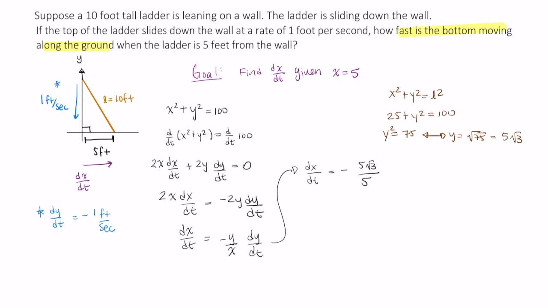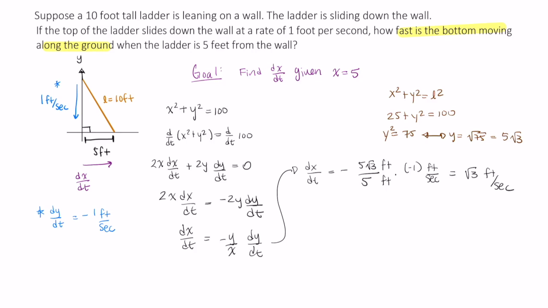And now finally, I need dy over dt, and dy over dt is negative 1. So again, this is in feet, times negative 1 feet per second. This simplifies to just root 3 feet per second.